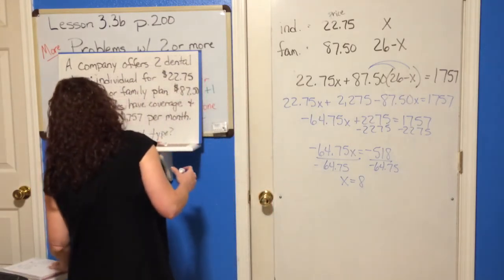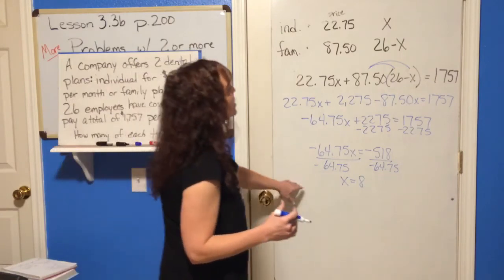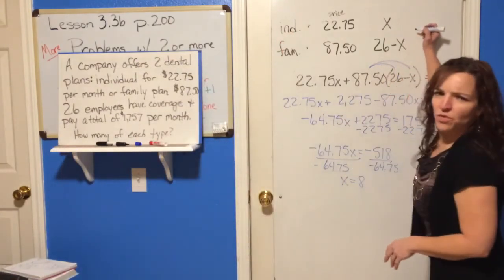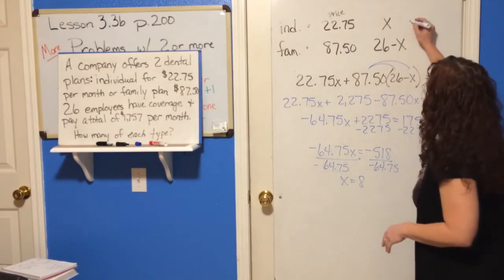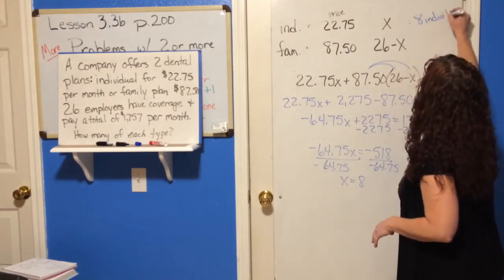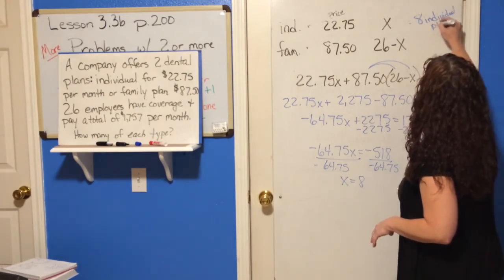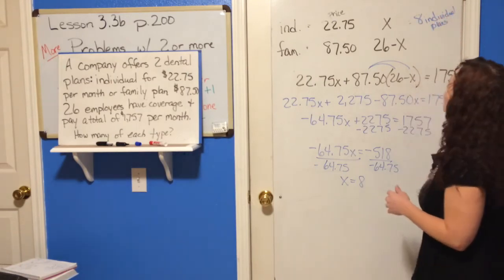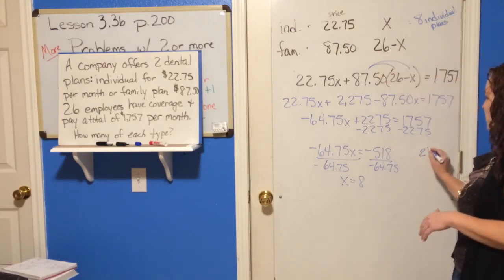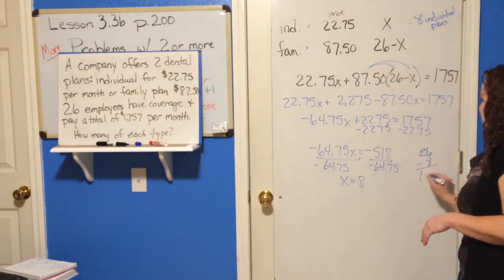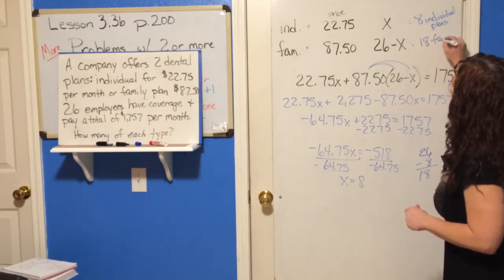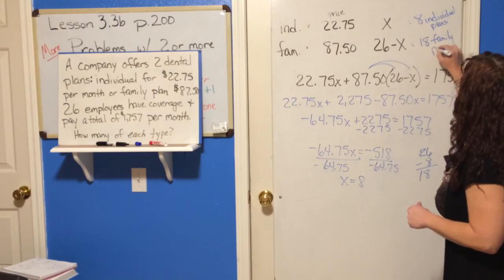What does the 8 stand for? The 8 stands for the individual plans. So we've got 8 individual plans. And then to find out how many family plans, you're going to take the 26 minus 8, which gives you 18 family plans.